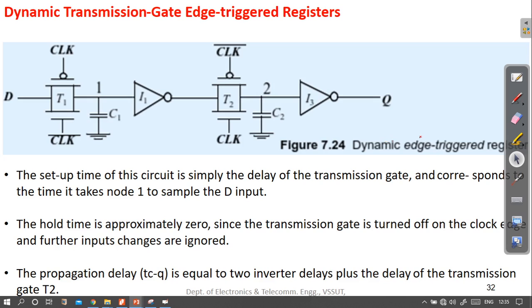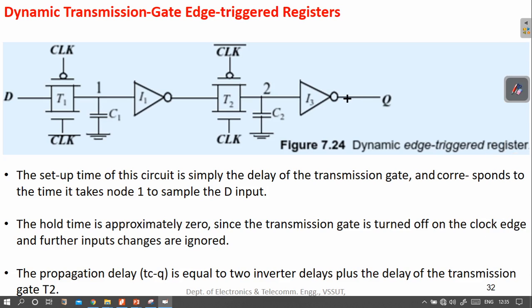Okay, let's start with the first circuit, that is the dynamic transmission gate as triggered register. Look at this, these circuits are dynamic, so you can recognize whether the circuit is dynamic or static just by looking at the presence of capacitors.